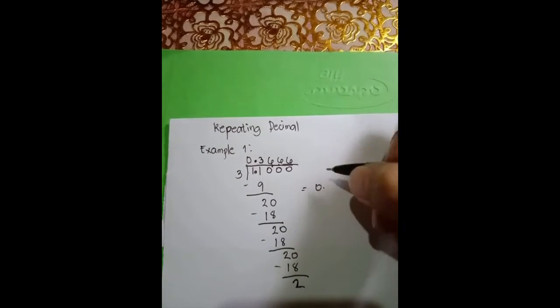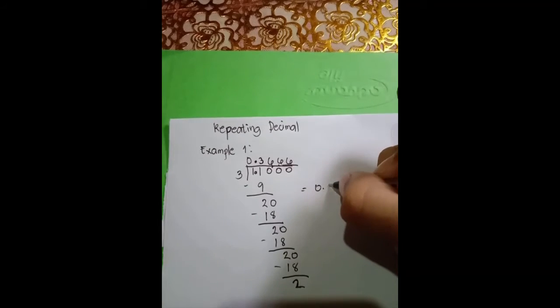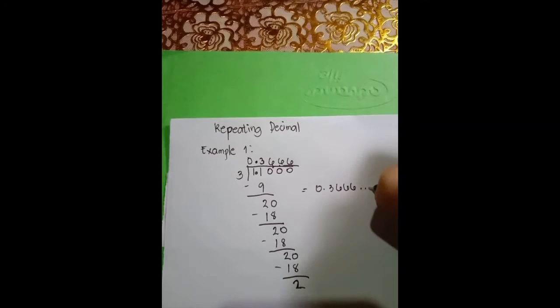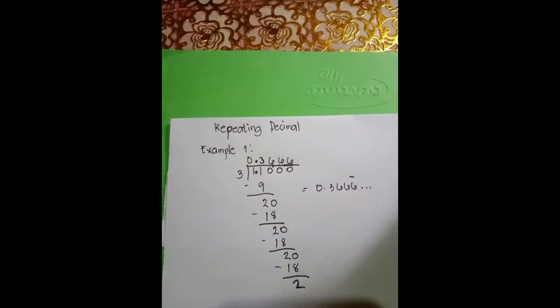So it just repeats. Last time I discussed that we put a bar line above the number to represent that the decimals are repeated.